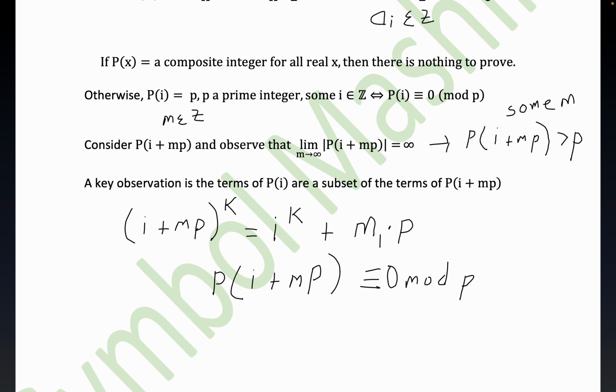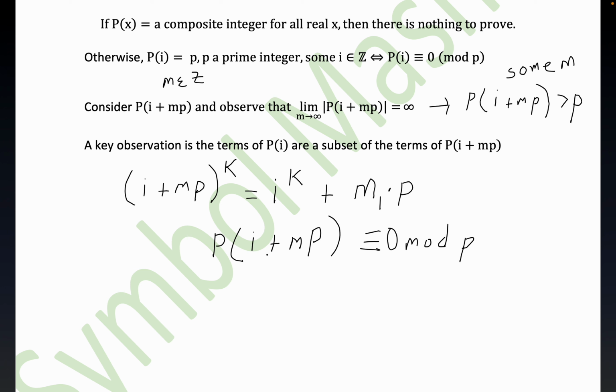But what does that mean? That means that p divides this, right? And so we get that p is a divisor and this object is greater than p, right? So that means this implies that p evaluated at I plus MP is composite, right?